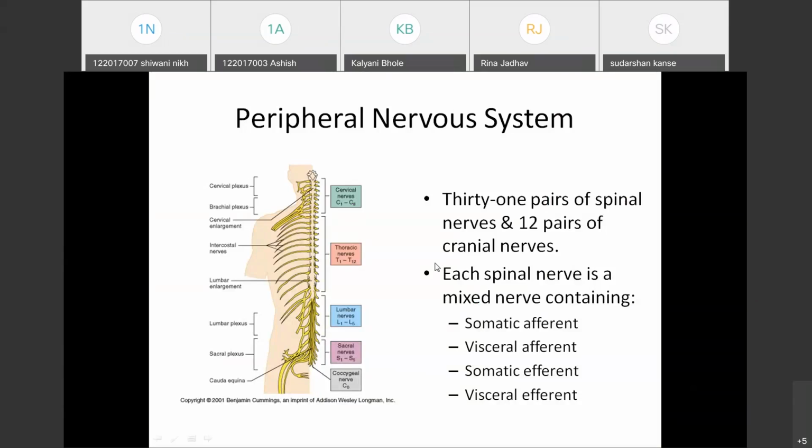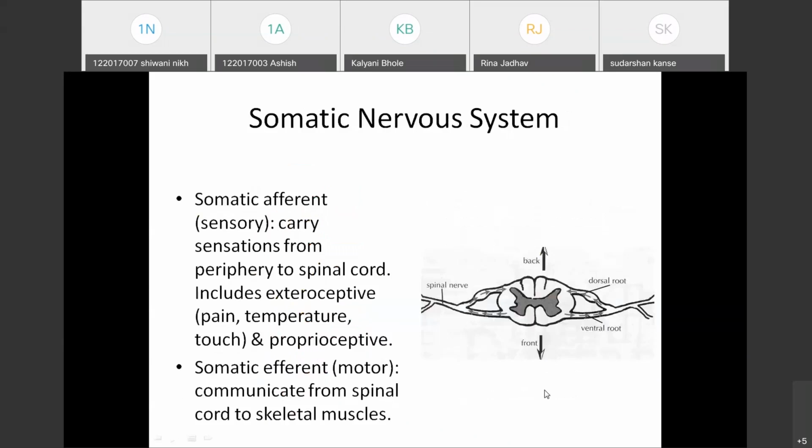Let us go ahead. There are 31 pairs of spinal nerves and 12 pairs of cranial nerves. Each spinal nerve is a mixed nerve containing somatic afferent, visceral afferent, somatic efferent, and visceral efferent fibers. These are nothing but the nerves which are carrying signals away from the nervous system or towards the nervous system, afferent or efferent.